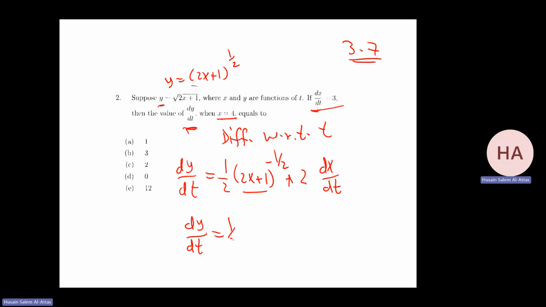So I have half, 9 to the power minus half. That will be 1 over 3, square root of 9, times 2 times this, which is 3. So the answer is, this cancelled, I'm getting 1. So this will be my answer.